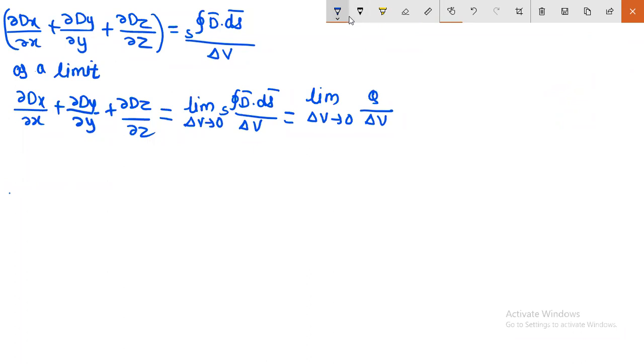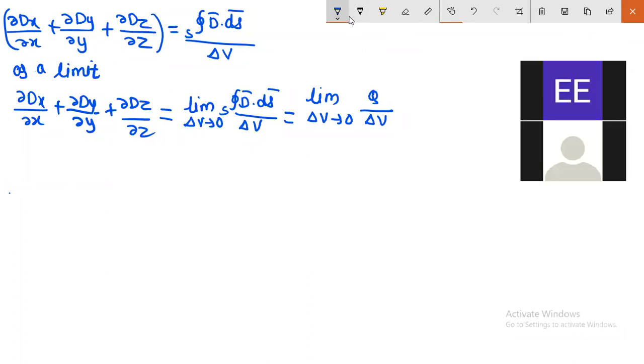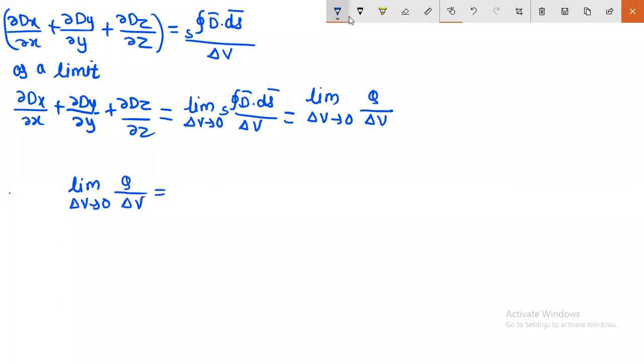So this limit as delta v tends to 0 of Q divided by delta v is nothing but rho v, the volume charge density.